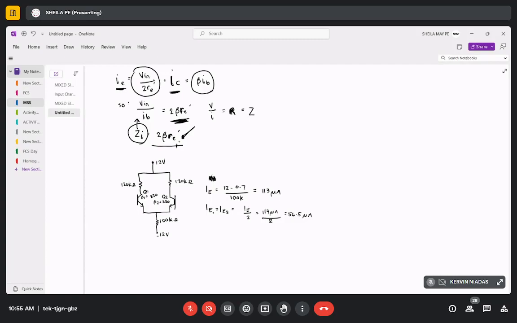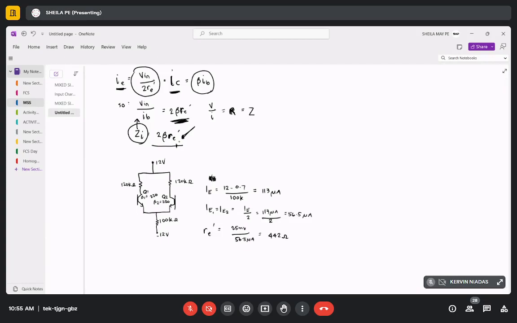Okay. Now, given our IE1 and IE2 is 56.5, therefore our IC is also the same, but we are looking for our RE prime. So that's 25 millivolts divided by IE, which is 56.5 microamperes. So this is 442 ohms.